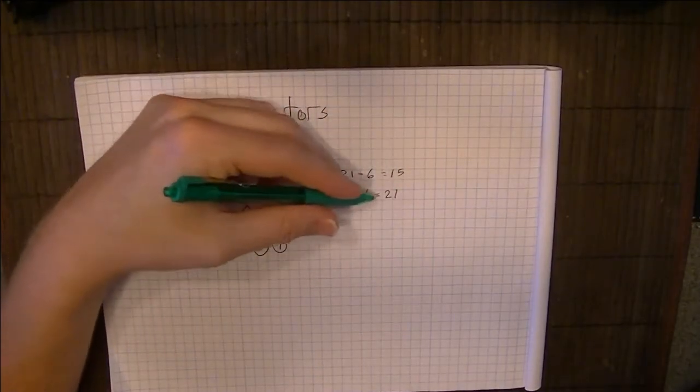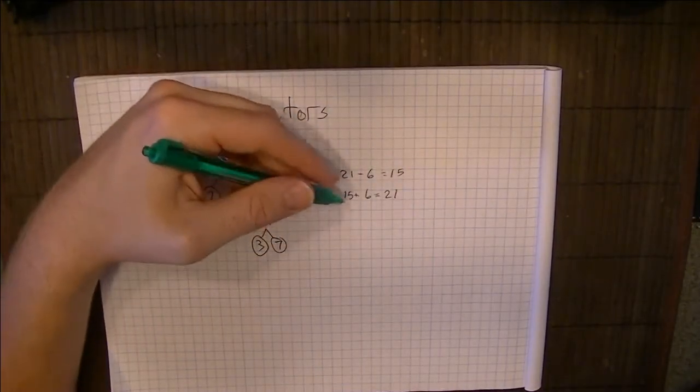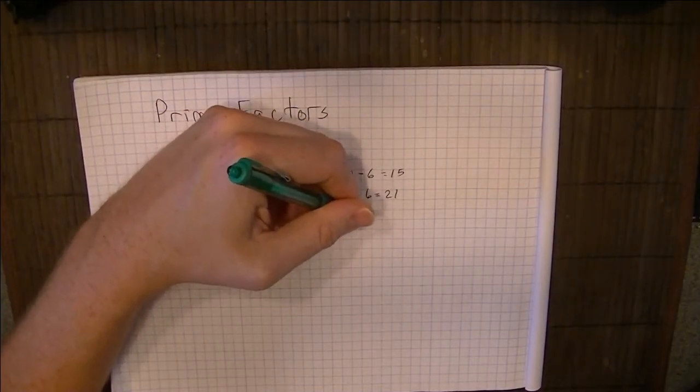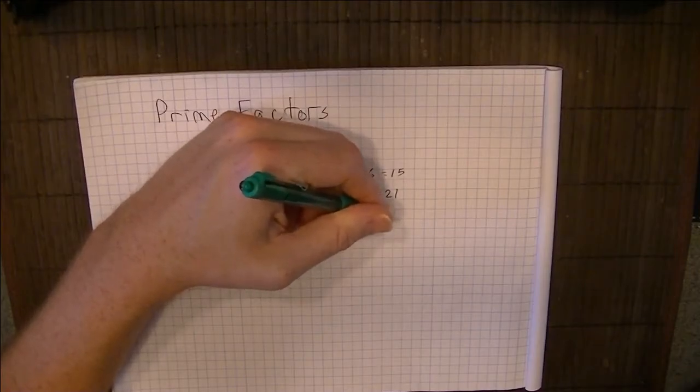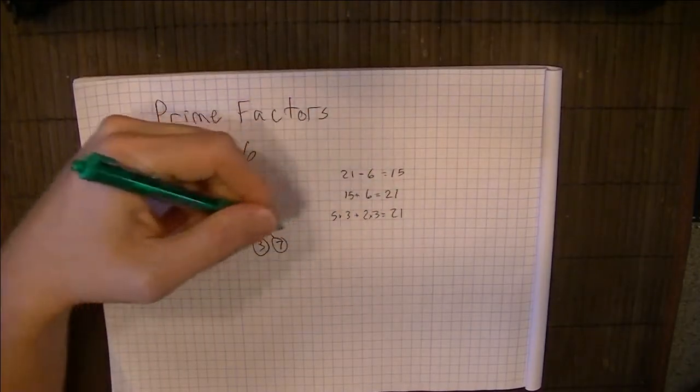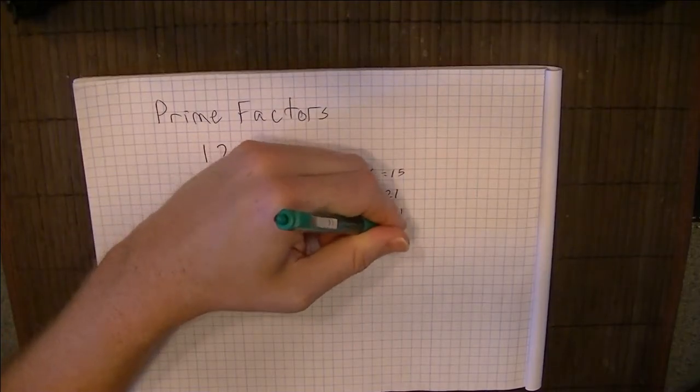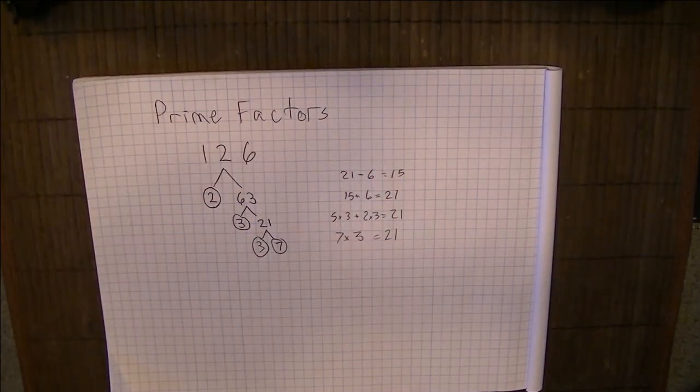So now we can write this as factors of 3, right? I know that this one becomes easy. 5 times 3 is 15, plus 2 times 3 is 21. So that means, rearranging, 7 times 3 is 21, right?